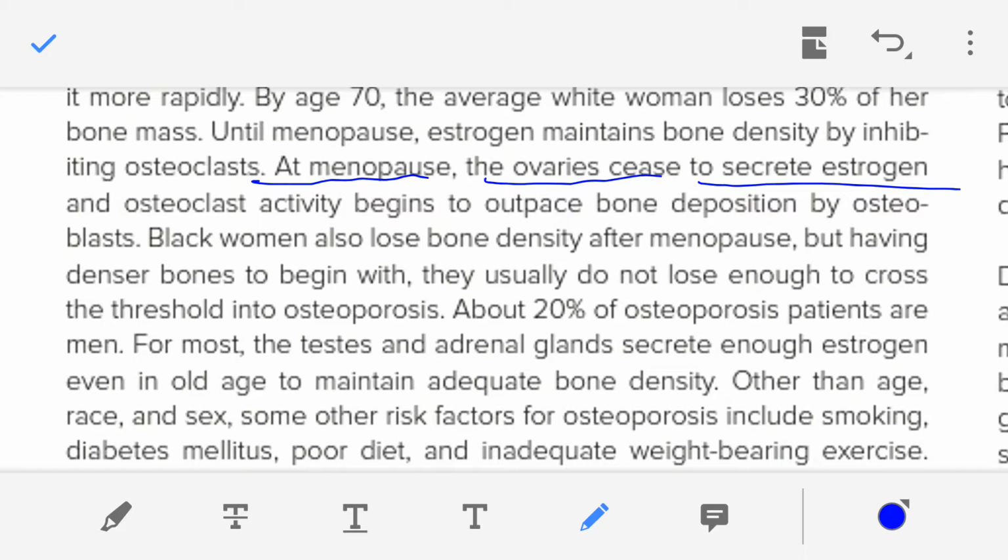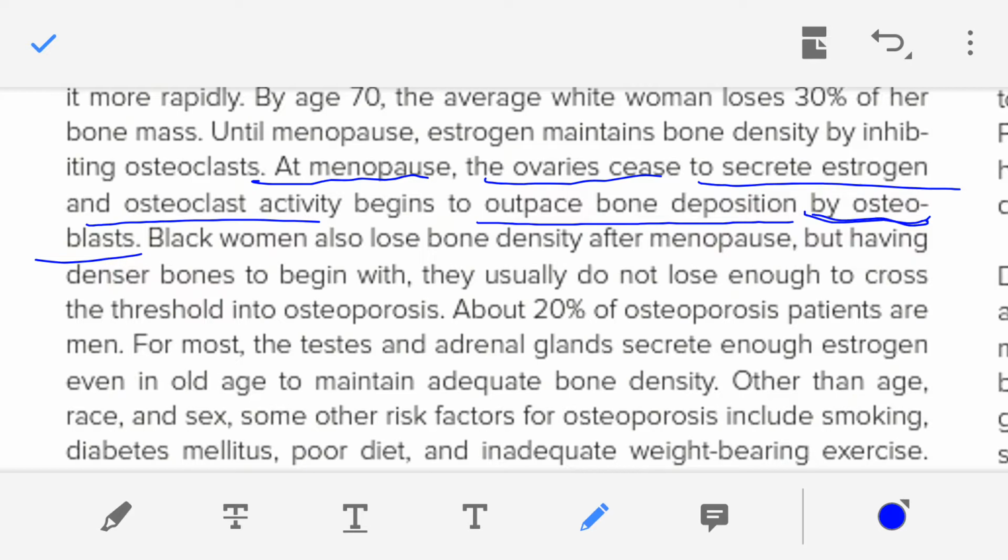So now in old age women, osteoclast activity begins, and this osteoclast activity outpaces bone deposition by osteoblasts. We know osteoblasts are involved in bone deposition, but once the osteoclast cells are activated, they do not allow the osteoblasts to deposit the bone properly.